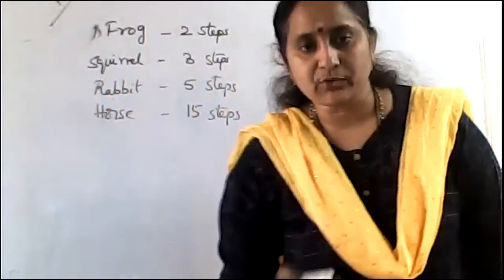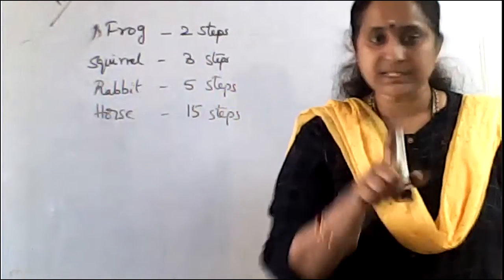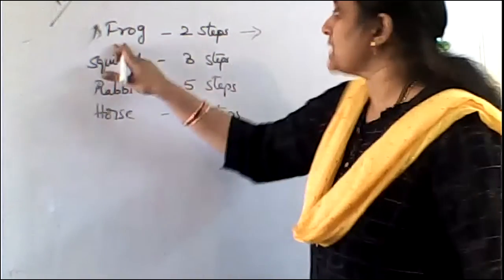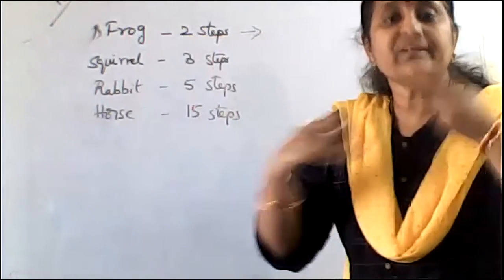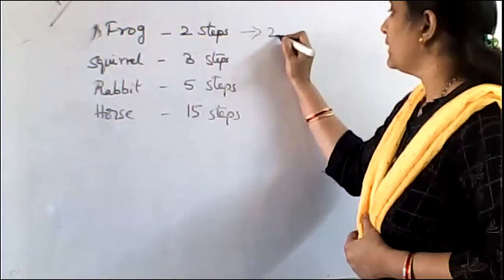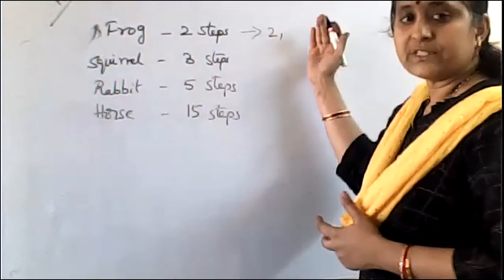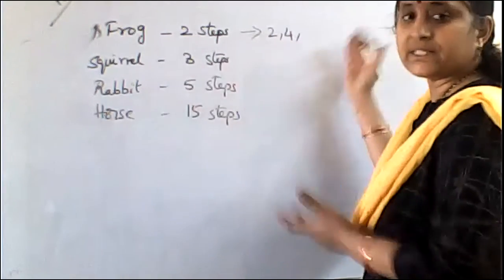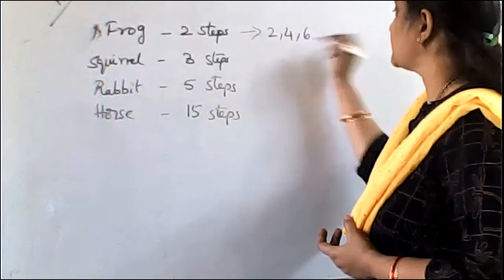So here it is asking about 15 steps. That's why I'm not taking kangaroo, because kangaroo in 1 jump is 30 steps. Now the frog jumping 2 steps, where will it be? First 2. Again 2 steps means 2 into 2, 4. Next 3rd step, 2 into 3, 6.